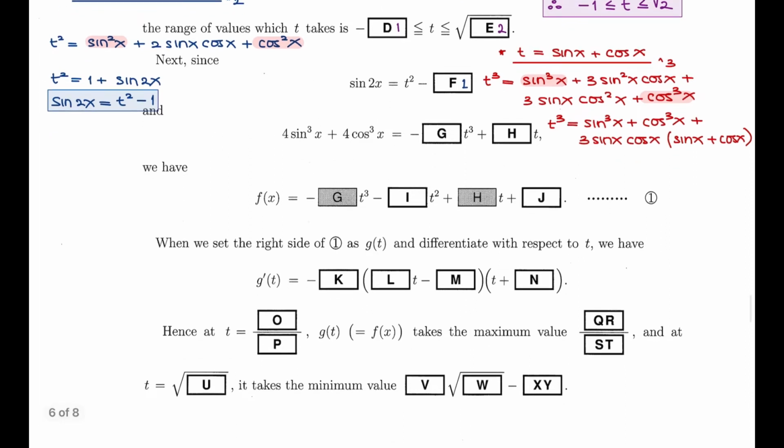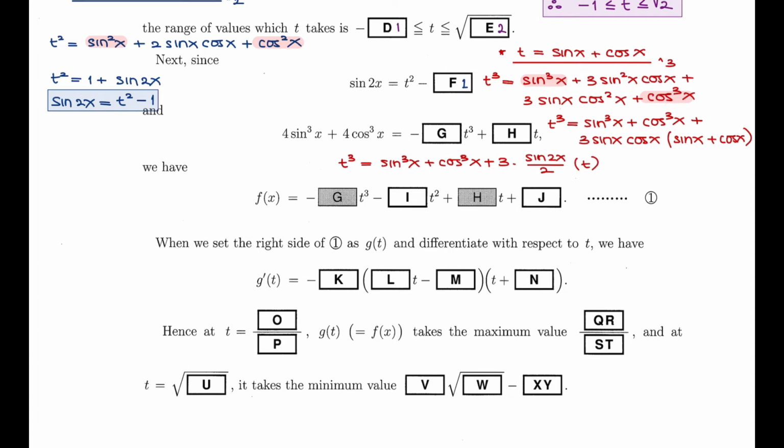Okay, let's continue. t cubed equals sine cubed x plus cos cubed x plus 3 times sine 2x over 2, and then times sine plus cos, which is t.